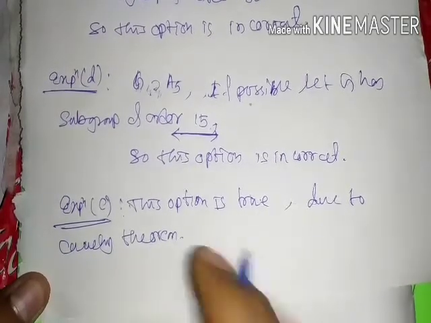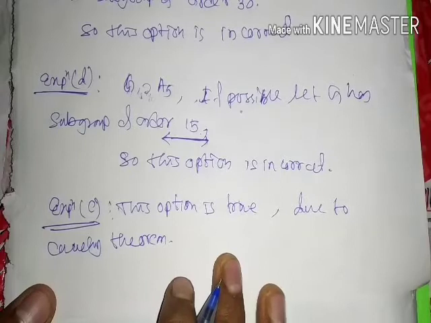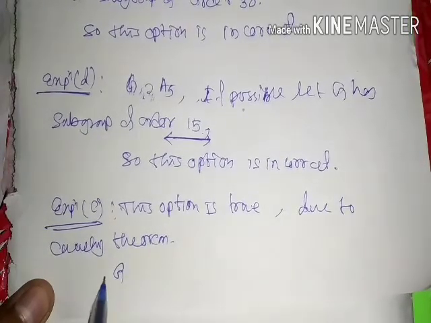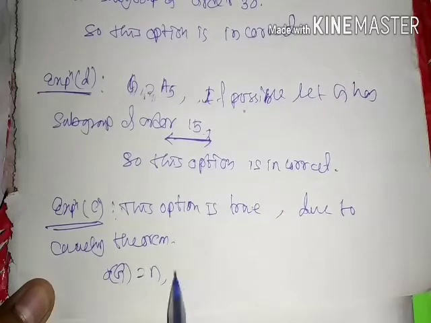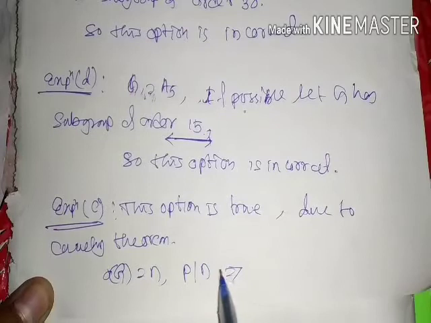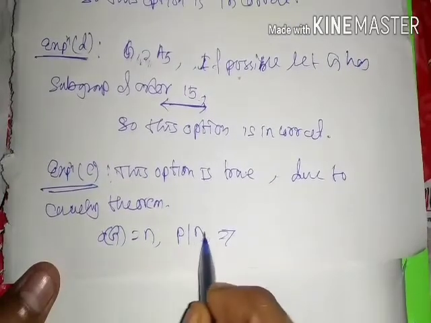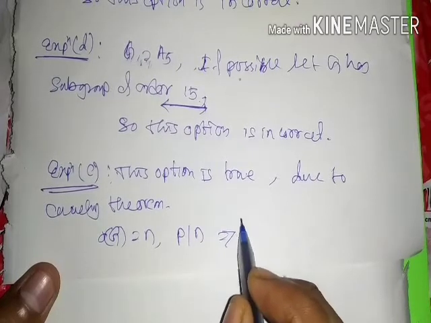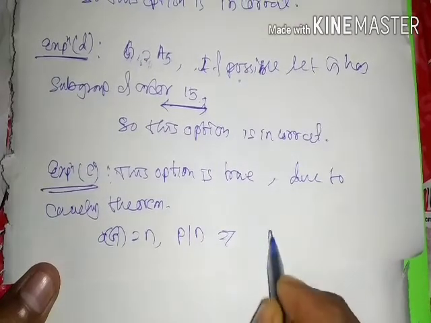What is the statement of Cauchy theorem? If G is a group of order n and p is a prime divisor of n, then G has an element of order p. Hence, it has a subgroup of order p.